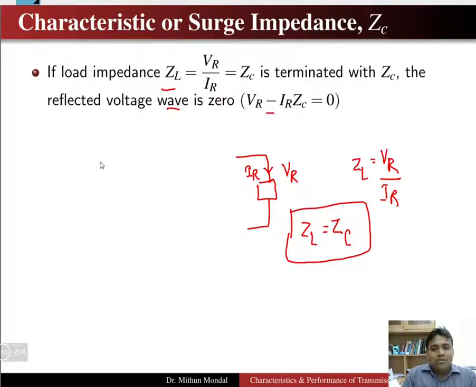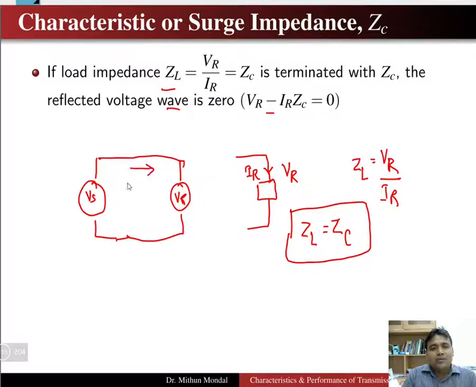We have discussed that from the sending end to the receiving end, one voltage wave is going, which is known as the incident wave, and the other is reflecting, known as the reflected wave. So if ZL is equal to ZC, then the reflected voltage wave will be 0.